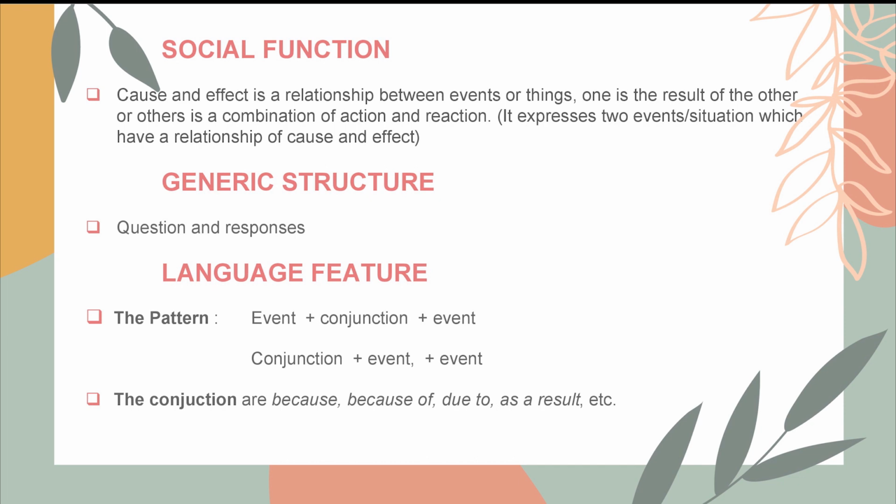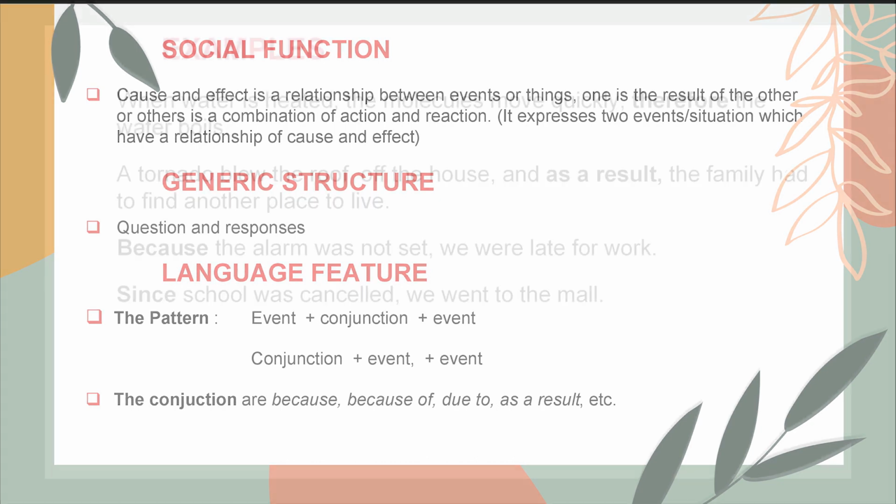Here, the conjunctions you can use are because of, due to, as a result, and many others. Okay, and in the next discussion, we will see some examples of conjunctions that we can use to express our sentences with cause and effect.